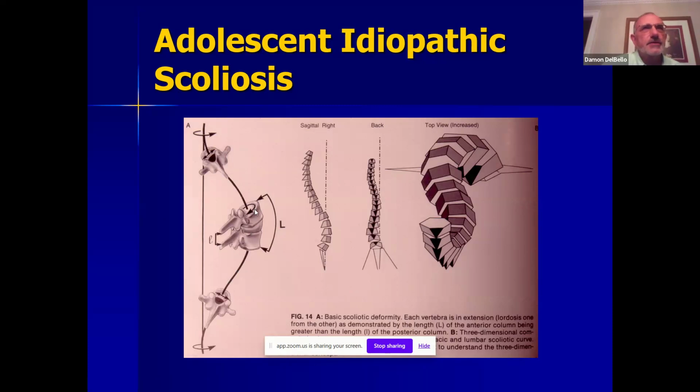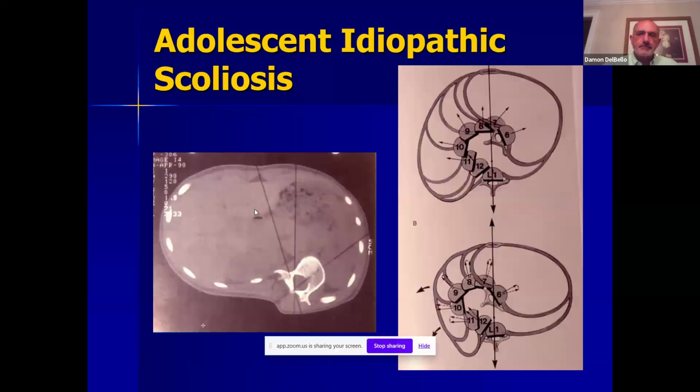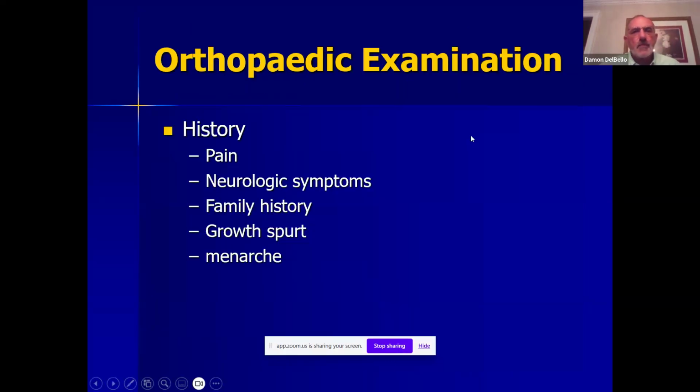So we have rotation, sagittal plane, and coronal plane changes all happening at the same time because the motion of each segment is linked to the next segment. When that rotation occurs, the hemithorax on one side is severely decreased in volume. And this is a nice representation of how the chest wall changes in response to curves, particularly at the apex of that curve.